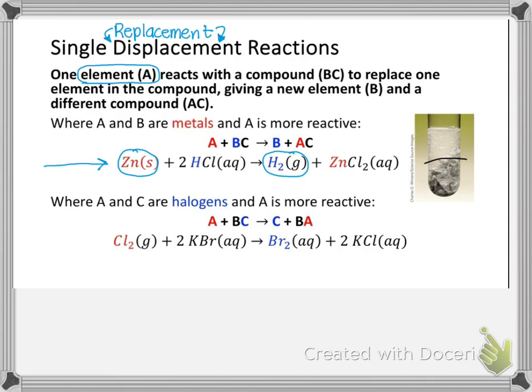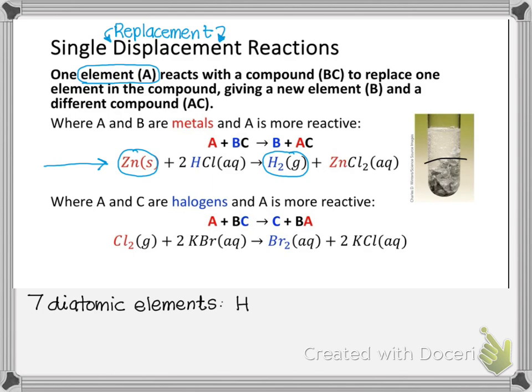Now hydrogen has two of them. It's diatomic. However, it's still considered an elemental form because it's only hydrogen. For me, this is a good place to again remind you of the 7 diatomic elements. These elements, when they're by themselves, want to be in groups of 2.